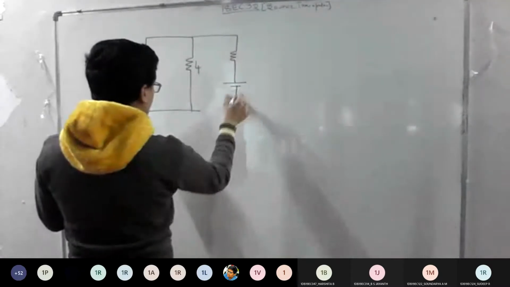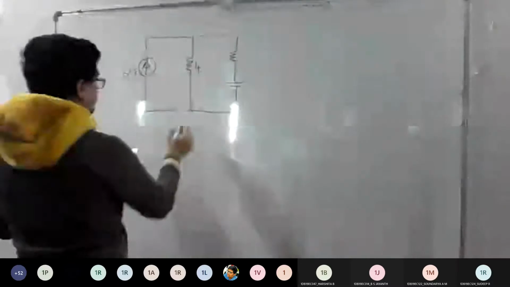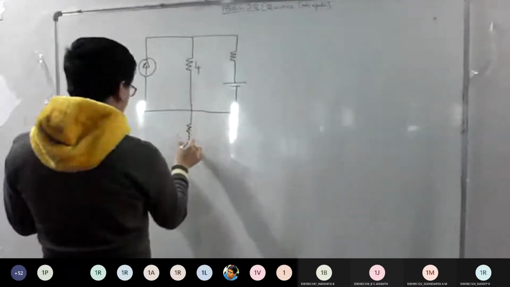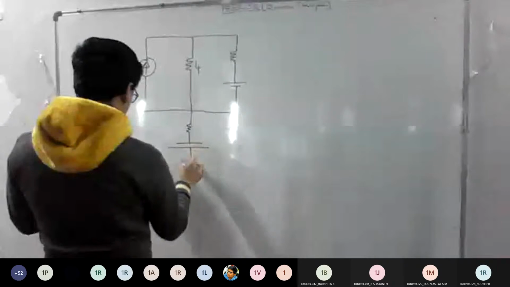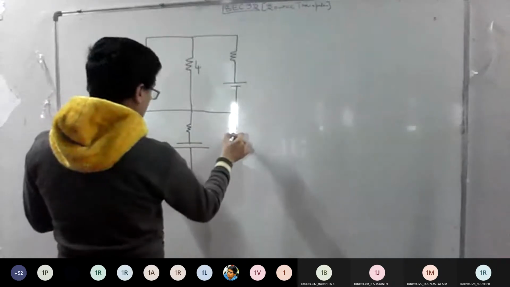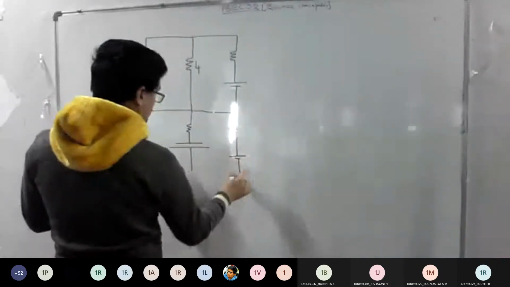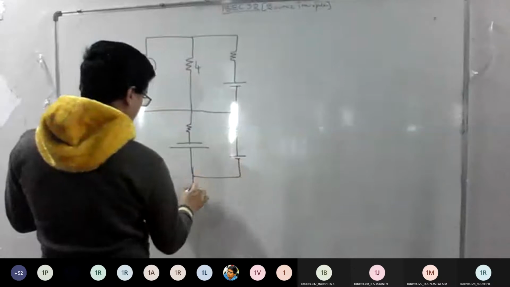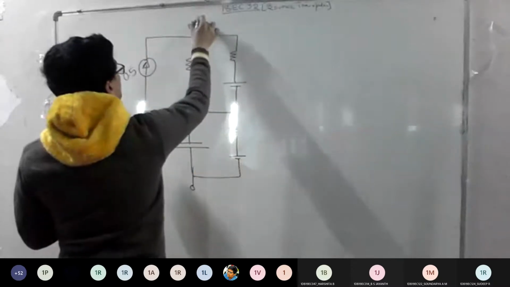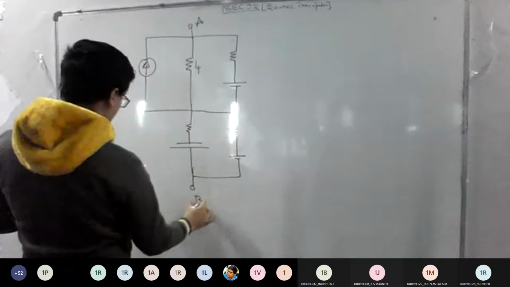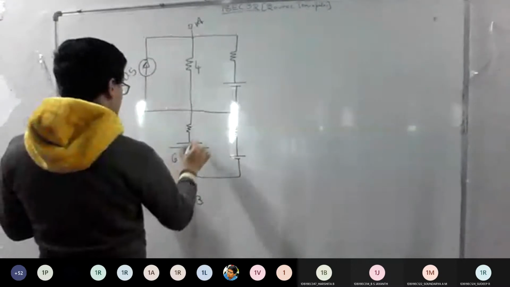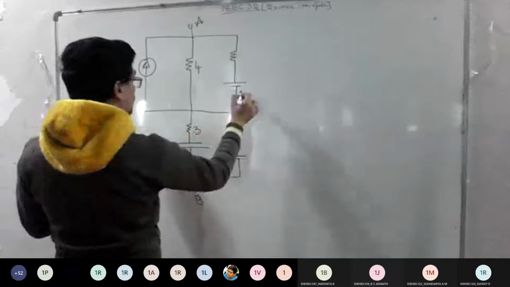I'll repeat. For the network shown below, find the equivalent current source using source transformation technique. They have given two terminals for you, one is A here, one is B here. I'll just write the voltages. Is it visible here, what I'm writing?